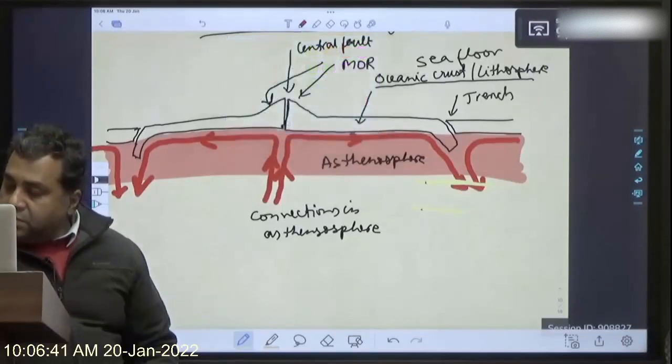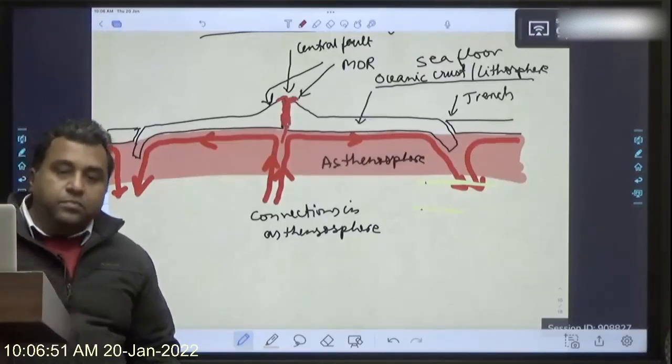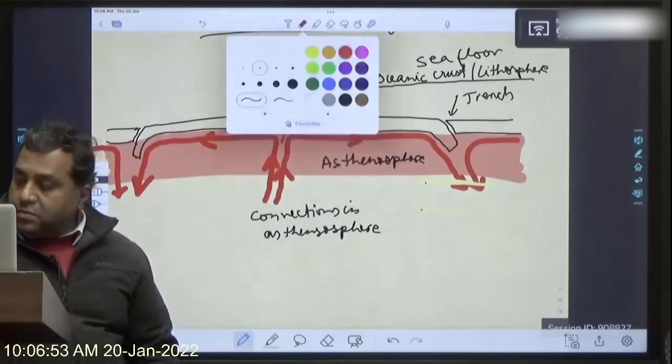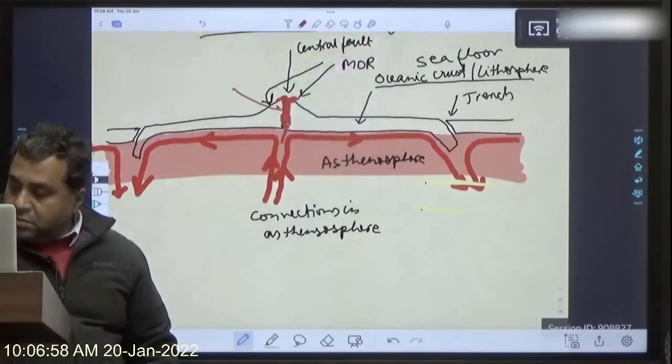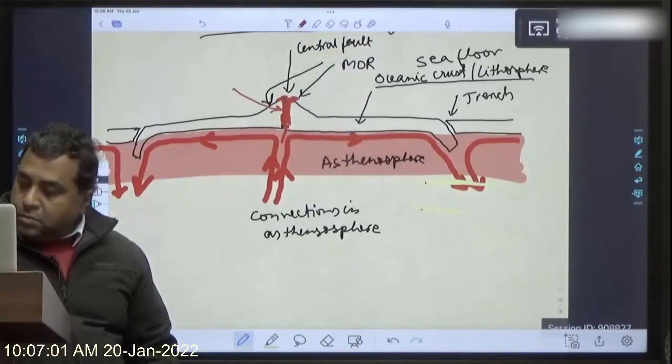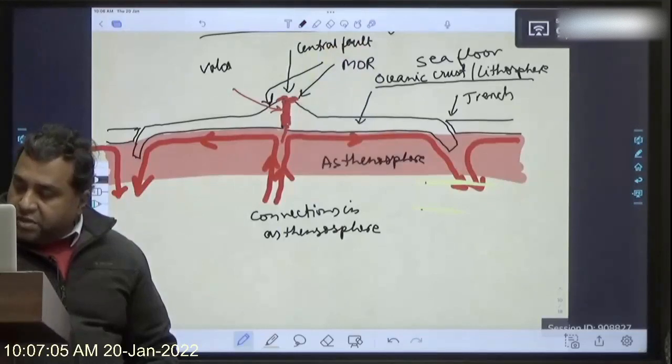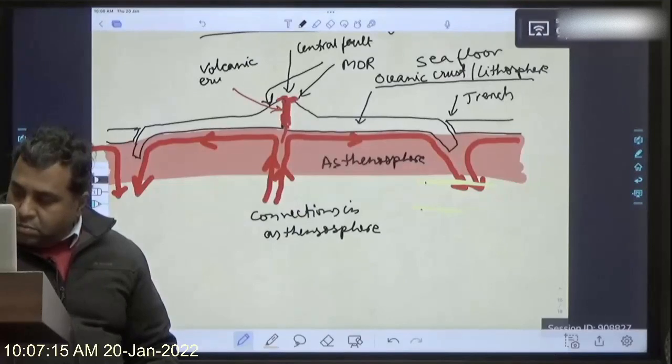And some of this magma was rising and erupting and solidifying. Right? Volcanic eruption.